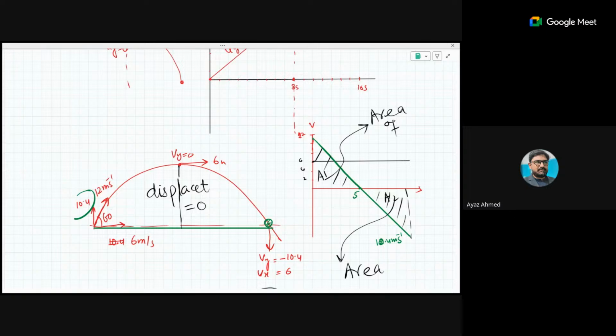Here, if a projectile is projected from point A to point B, then it would cover a horizontal distance, let's say 4 meters, and a vertical distance or height, suppose 6 or 6.3 meters. Then the displacement covered will be this shortest distance.